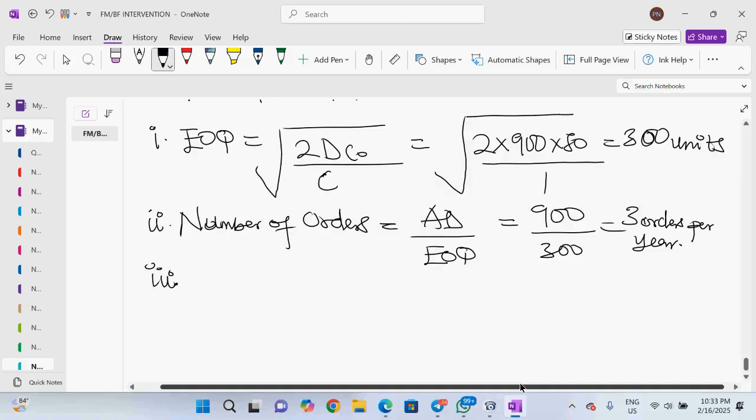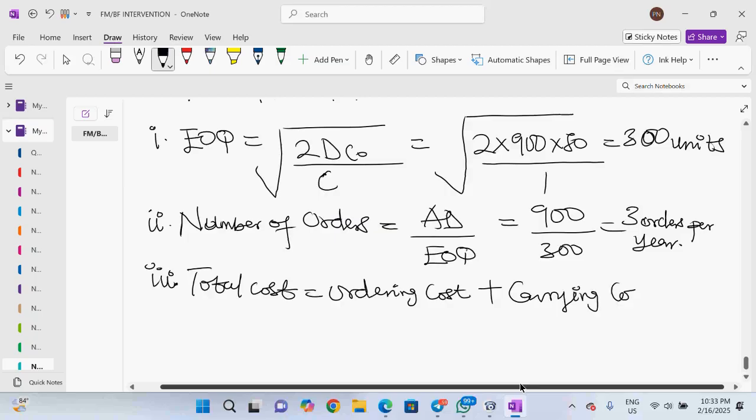So now you have the total cost. Total cost is what? Ordering cost plus carrying cost. So what is the ordering cost?